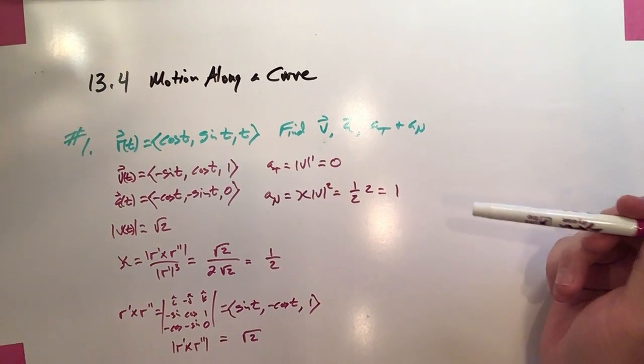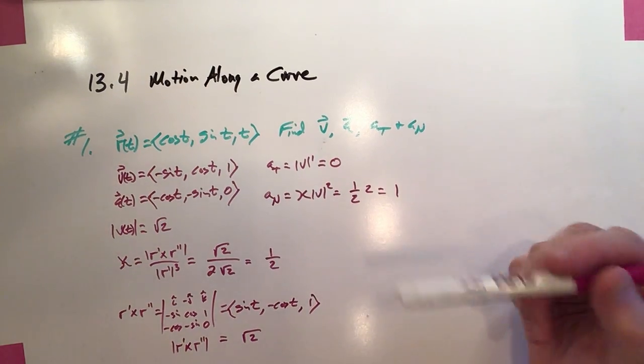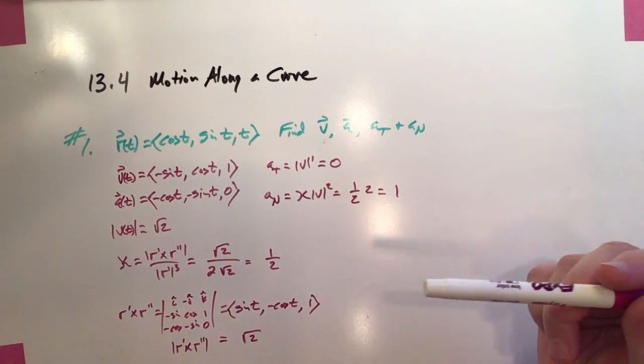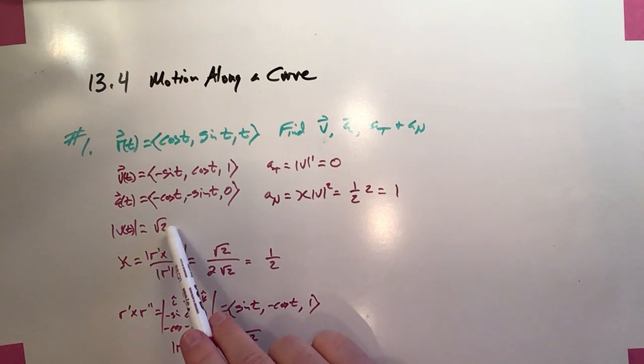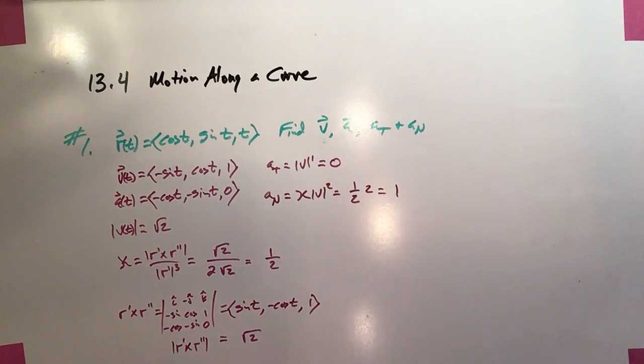So in essence, there's an inward acceleration of 1, and that maintains this constant turning of the helix while it moves upward, and everywhere along its trajectory, its speed remains constant. So there it is, completely deconstructing motion along a helix.